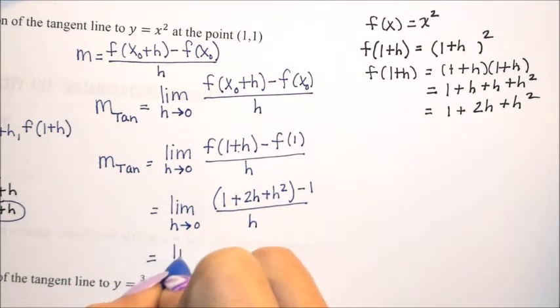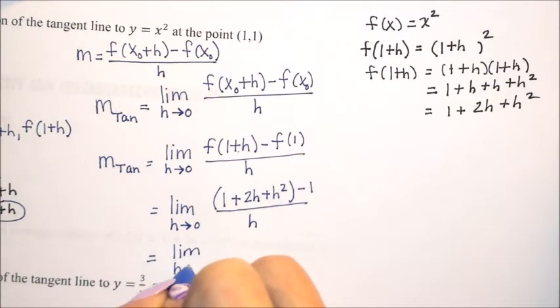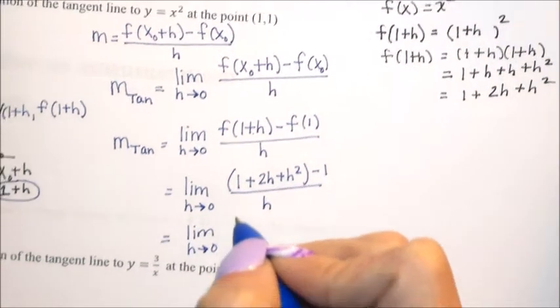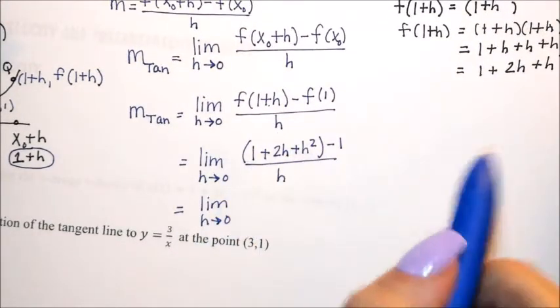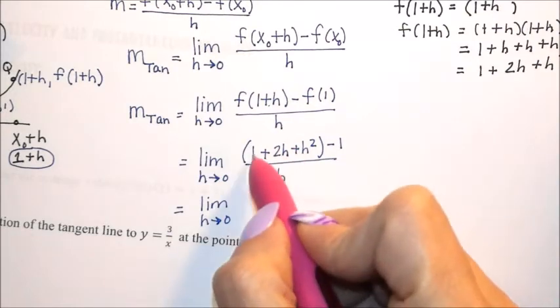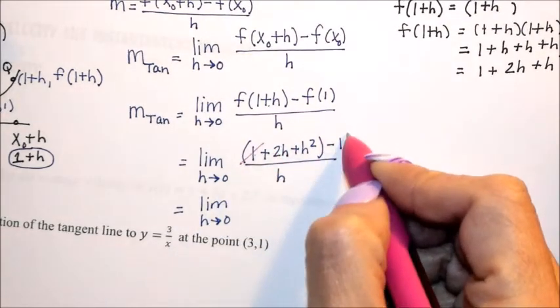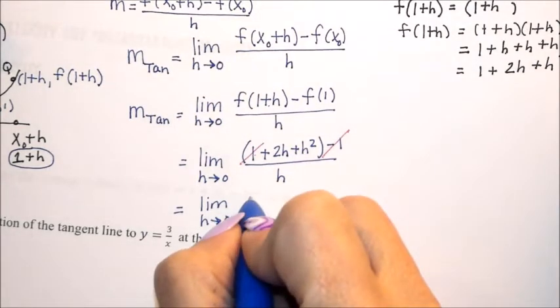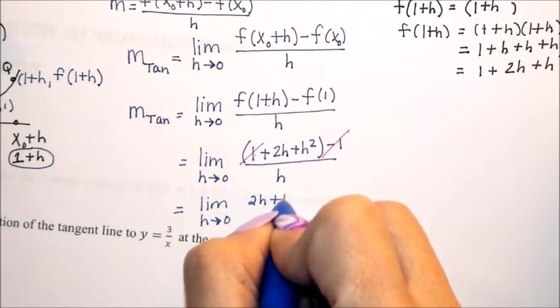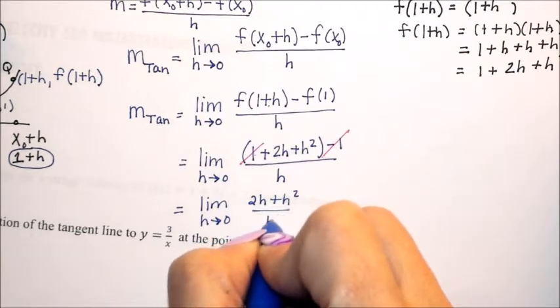Let's simplify. Every time, y'all, every time you have to write limit. You have to finish that out. Okay, are you good if I do this? A positive 1 and a negative 1 are going to cancel out so that I have 2h plus h squared over h.